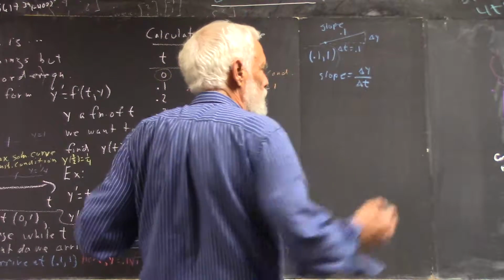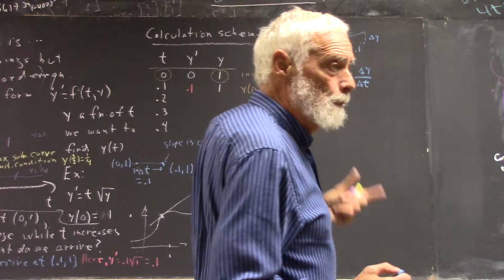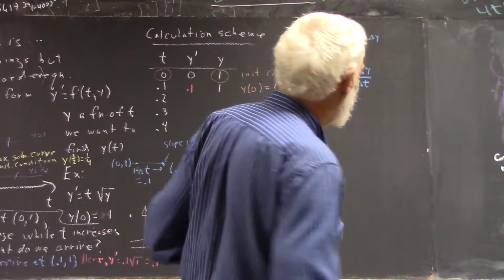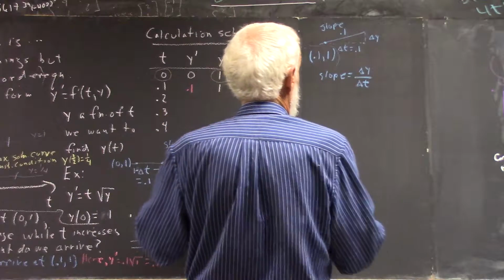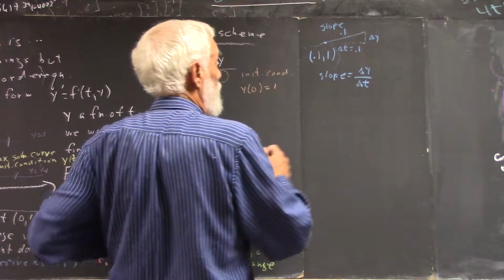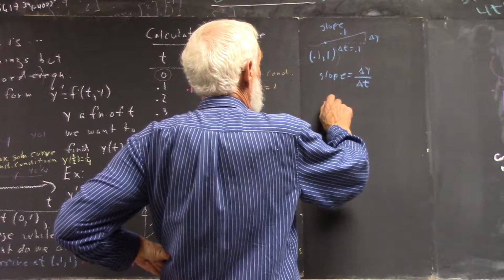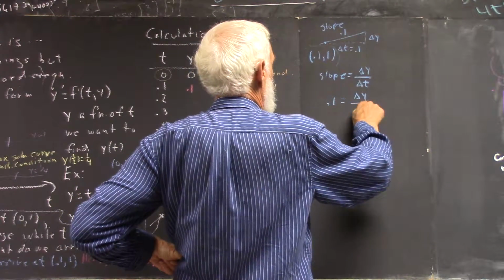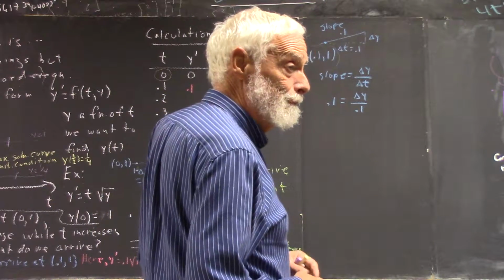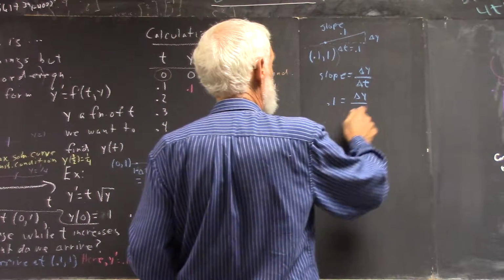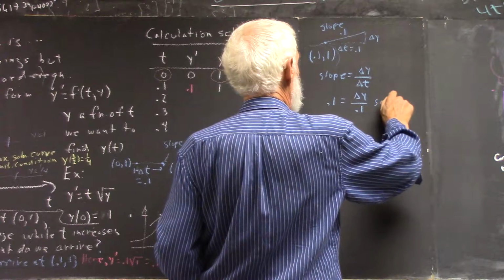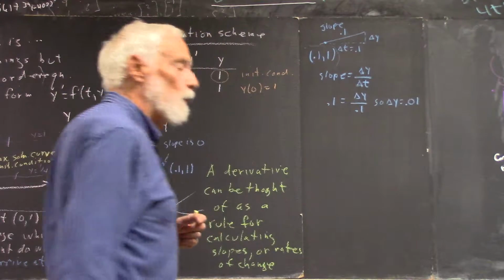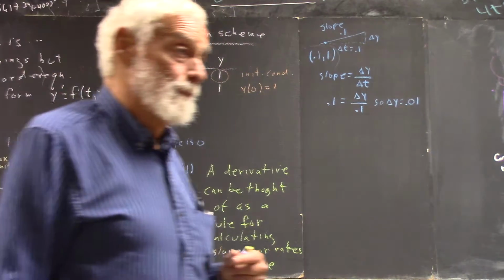We can write this as an equation, although it should become second nature, like by Thursday. Slope is delta y over delta t. We know the slope. So delta y is 0.01. Doesn't go up much.